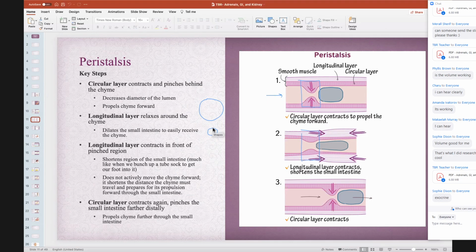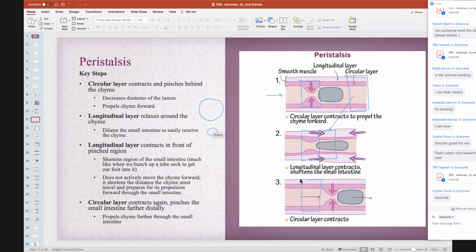So what's going to happen is as we contract behind it, the longitudinal layer will contract. So what that's going to do is say we have another region of circular over here that we're trying to reach. Contracting the longitudinal muscle will bring this layer closer to the layer that's already contracted.